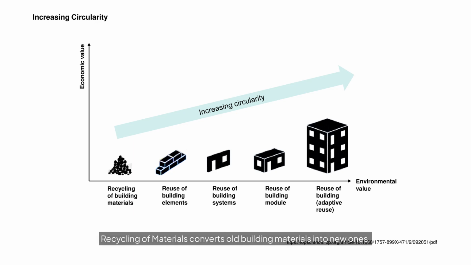Recycling of materials converts old building materials into new ones, which reduces waste but offers the lowest environmental and economic benefit. Reuse of elements salvages components like doors or windows to preserve their value and avoid fabricating new elements, a bigger benefit than recycling materials.